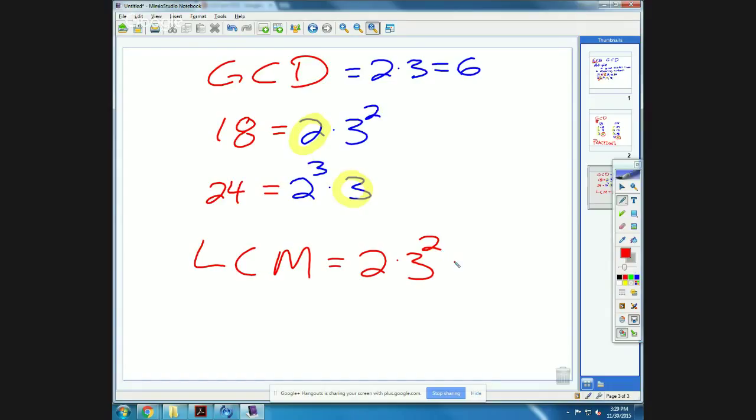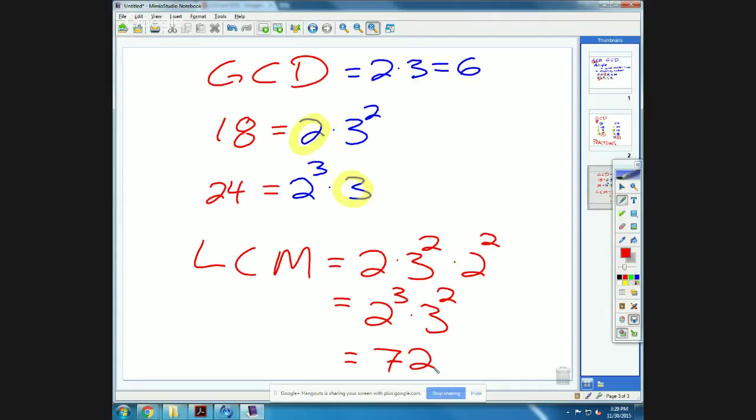So I'm going to multiply by how many more? 2 more 2's. And then, do I have enough 3's for 24? More than enough 3's. 24 doesn't care. So if I summarize that, it would be 2 cubed times 3 squared, which is 8 times 9, or 72 multiplied out.